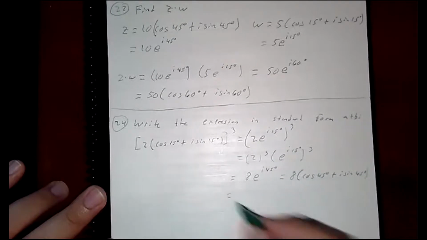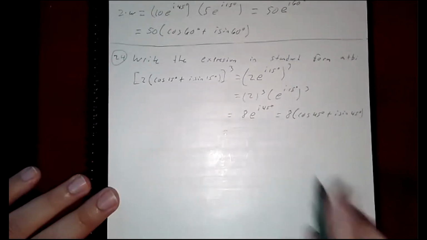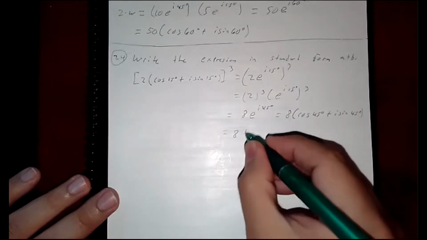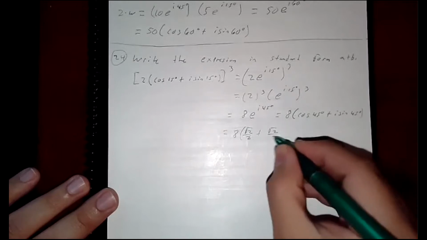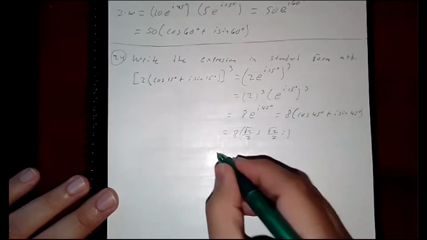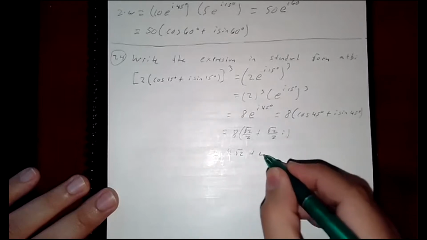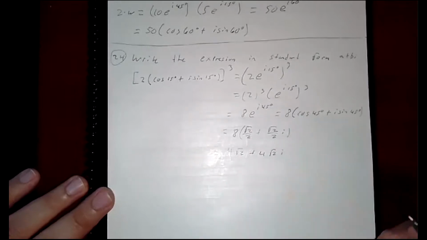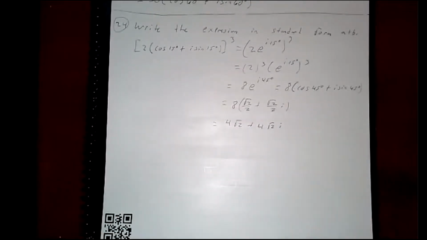So then that would be 8 times square root 2 over 2 plus square root 2 over 2 i, which will be 4 root 2 plus 4 root 2 i. And that's what they have. The answer would be B.